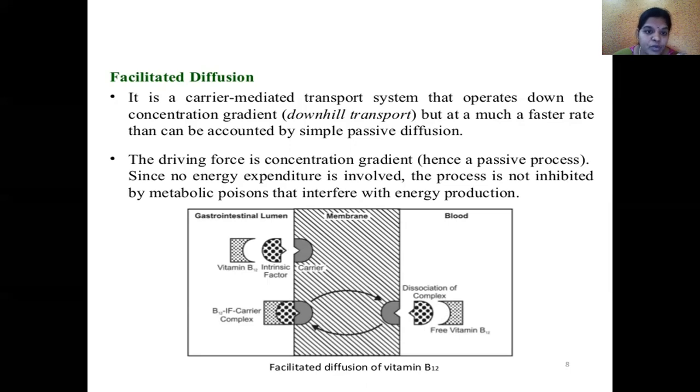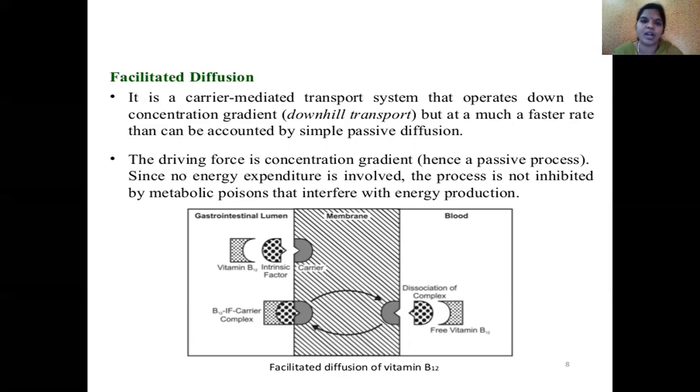So what do you mean by diffusion? The drug is transported from high concentration to low concentration, which is described by Fick's first law of diffusion. Here, in case of facilitated diffusion, it is a carrier mediated transport system that operates down the concentration gradient, producing a concentration gradient around the GI lumen or membrane.